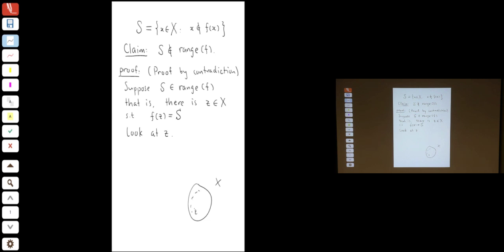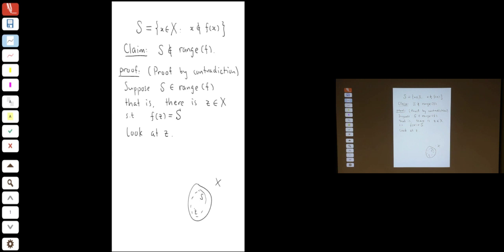Now, just now I drew there is an S. S is a subset of X. So S is this region surrounded by the dotted line, something like this. So z is a point, and I can ask whether z is in the region or not in the region, right?